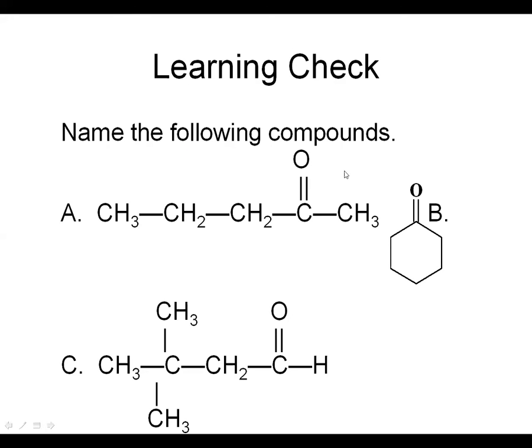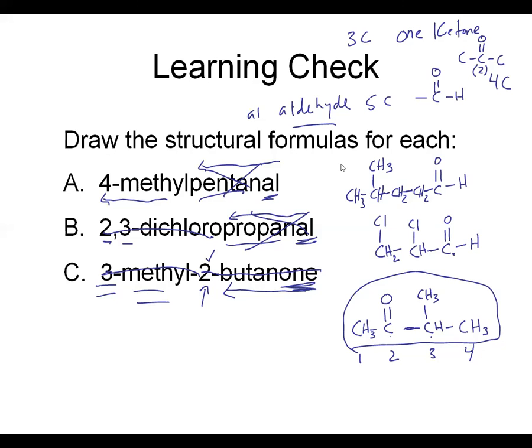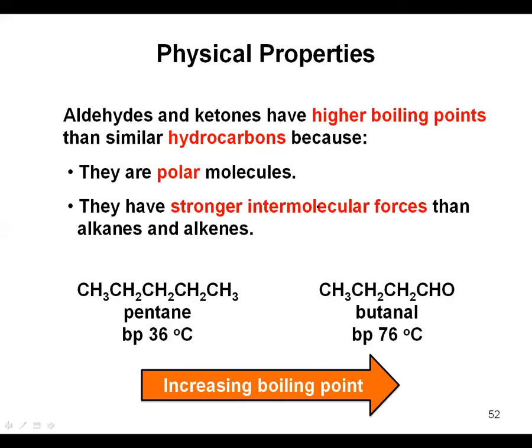All right. So let's talk about some of these properties of aldehydes and ketones. Aldehydes and ketones will have a higher boiling point than alkanes or hydrocarbons. Again, this is basically our alkane, which will be using that dispersion force, which is that weak force.